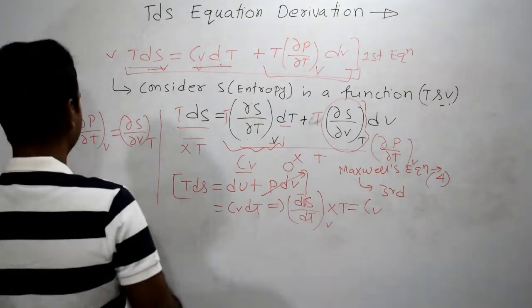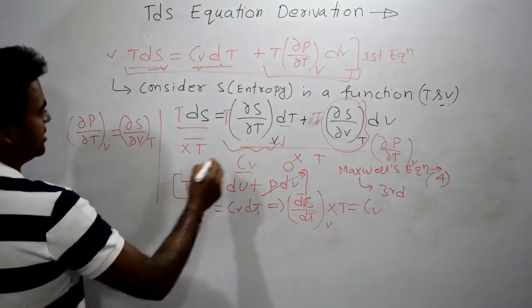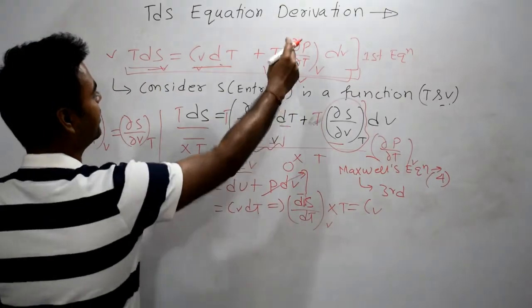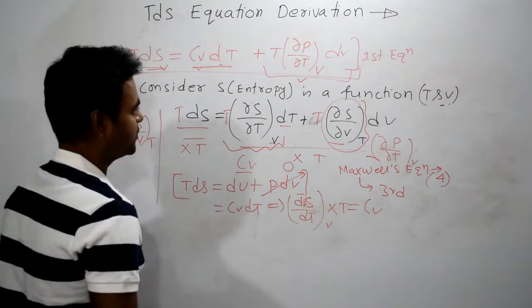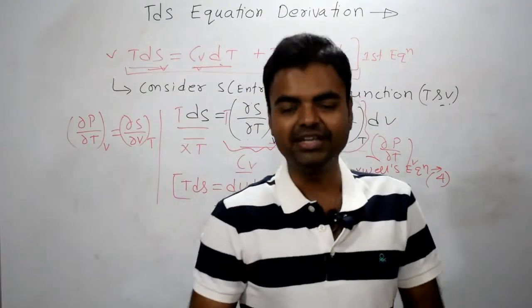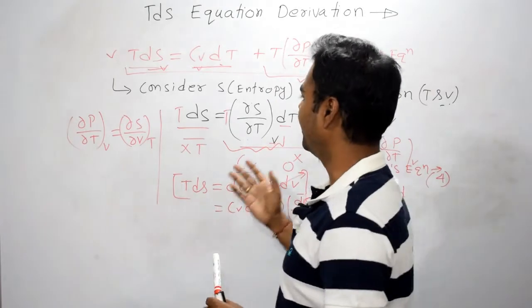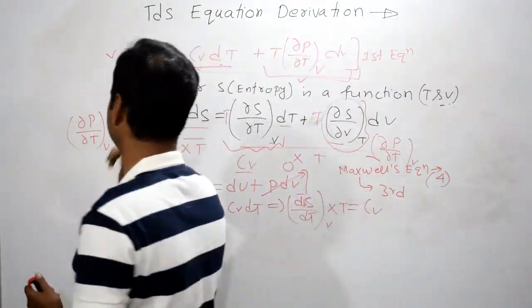So what we have to do is just replace this with this. Then we got T(∂P/∂T) dV, and this is known as the TdS first equation. So we have derived this, right? I hope you understand how we were able to get the TdS first equation.